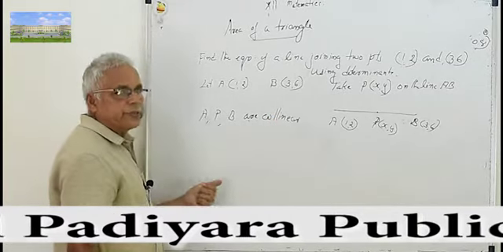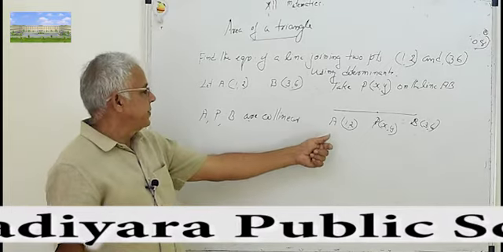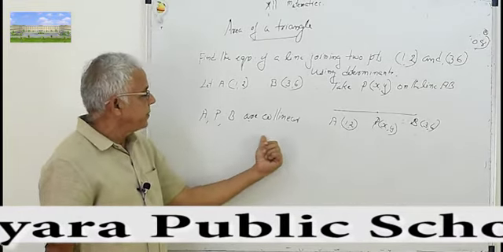Then its area is 0. If 3 points are collinear, then the area is equal to 0.